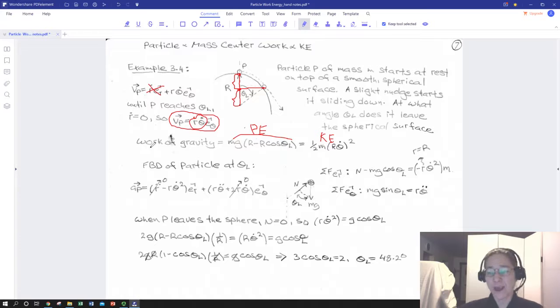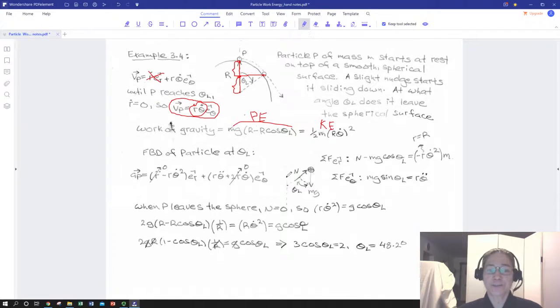Remember, we've got to somehow get an expression that involves normal force, because that's what's going to tell us when we're leaving the surface. So, force. Let's go back and let's FBD the particle and start invoking Newton's second law with acceleration. So let's start by just reminding ourselves what acceleration in polar coordinates is.